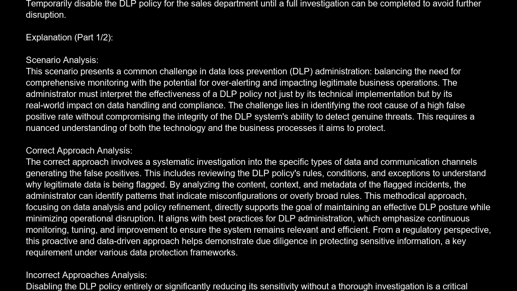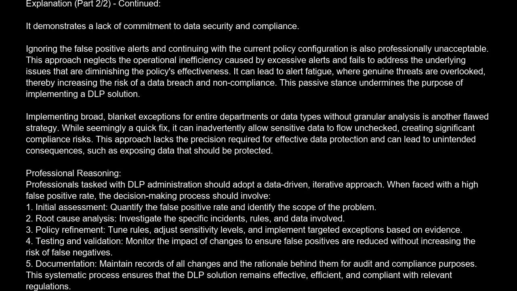Incorrect approaches analysis. Disabling the DLP policy entirely or significantly reducing its sensitivity without a thorough investigation is a critical regulatory and ethical failure. This action creates a blind spot, leaving sensitive data vulnerable to unauthorized disclosure and potentially violating data protection regulations that mandate reasonable security measures. It demonstrates a lack of commitment to data security and compliance.